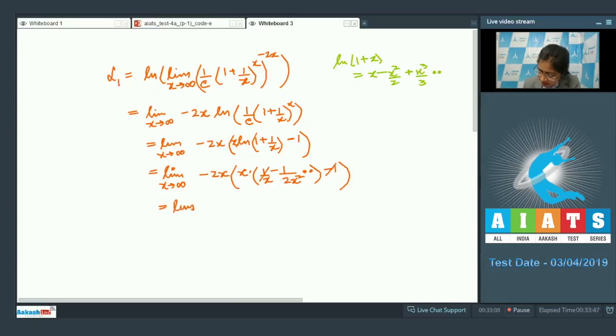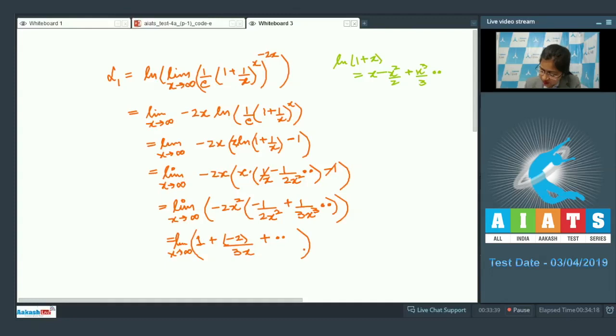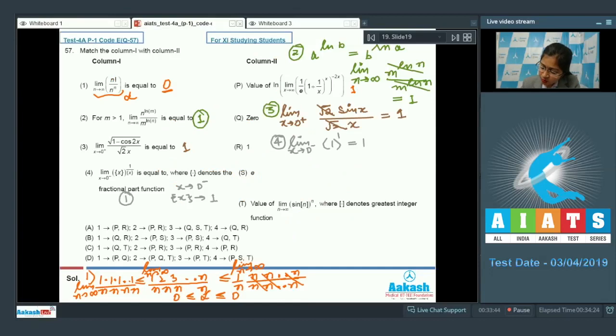So this will be equal to limit x tending to infinity minus 2x square into minus 1 by 2x square, and in the next term I will have 1 upon 3x cube and so on, right? So this is equal to, these two will get cancelled, 1 plus minus 2 upon 3x and so on. Now putting here limit x tending to infinity, so these terms will get cancelled and the limit will be equal to 1. So here this limit is equal to 1.